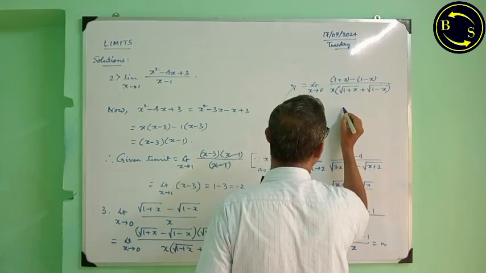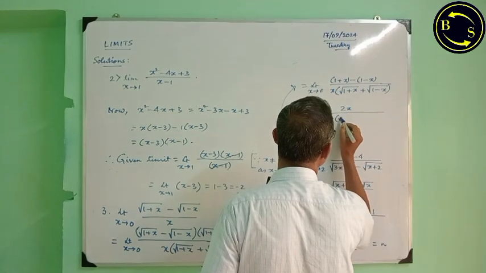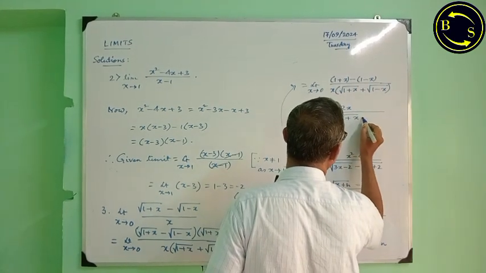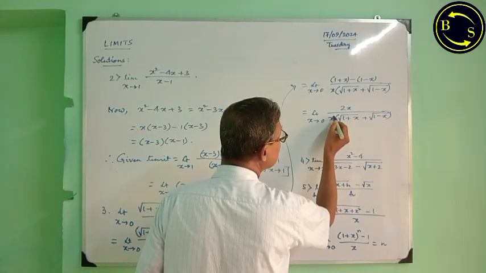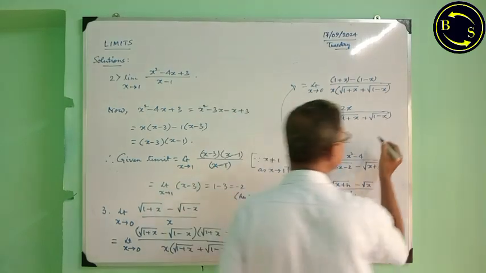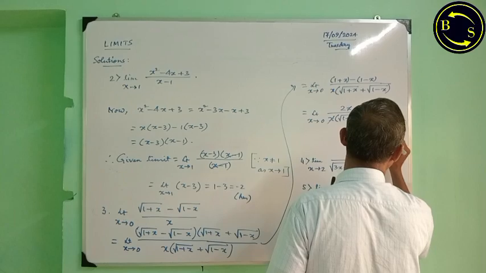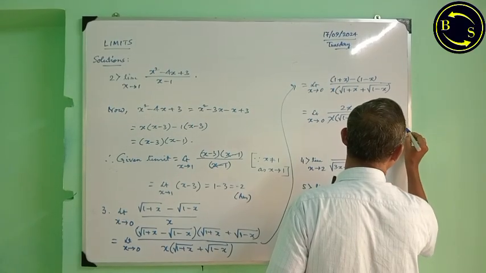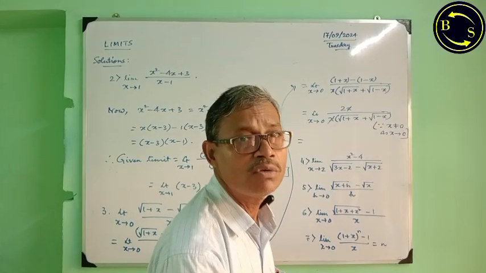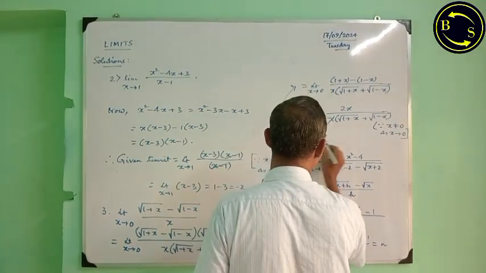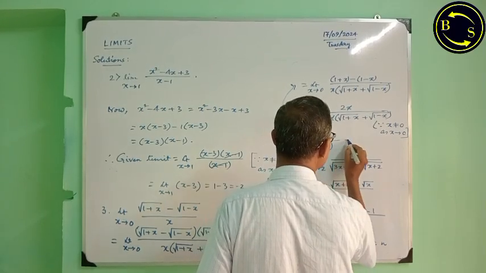After simplification, numerator will be 2x, and x into bracket root over 1 plus x plus root over 1 minus x. Now these x's will be cancelled, since x is not equal to 0 as x tends to 0. Now finally we put x equal to 0, then it will be 2 over 1 plus 1, that is 1.